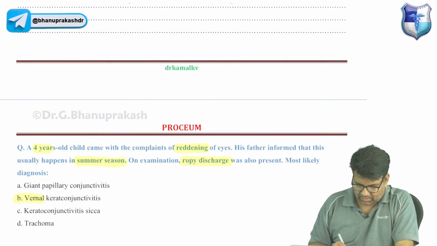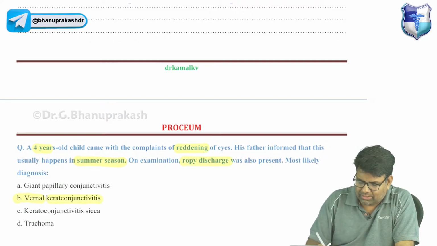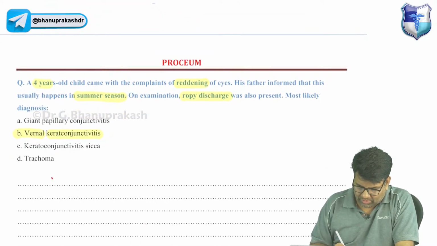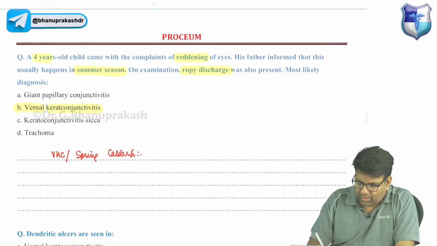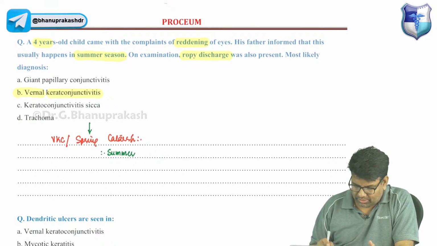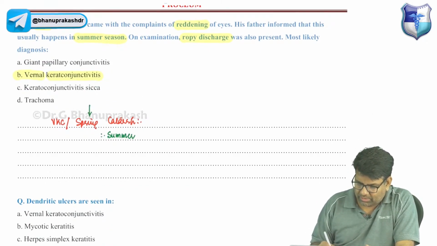The answer is vernal keratoconjunctivitis, which is also known as spring catarrh. The name is spring, but this condition is seen in summer season or hot season.